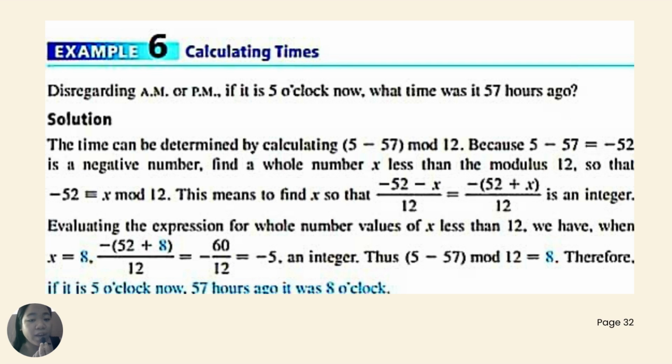This means to find x, negative 52 minus x over 12 is equals to negative ano ta? Open parenthesis 52 plus x close parenthesis over 12 is an integer. Okay, evaluate na ta. Again, trial and error lang gyapon class.